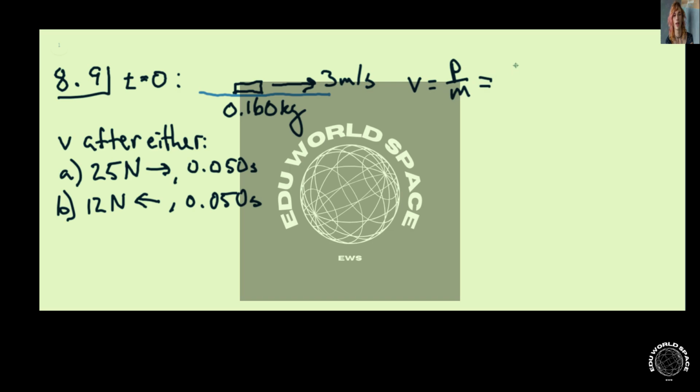But the momentum, its initial momentum, this 3 meters per second times the 160 gram mass of it, plus whatever the change in momentum is going to be the new momentum when it's moving at the speed we're interested in. And then the mass has to come along with this.